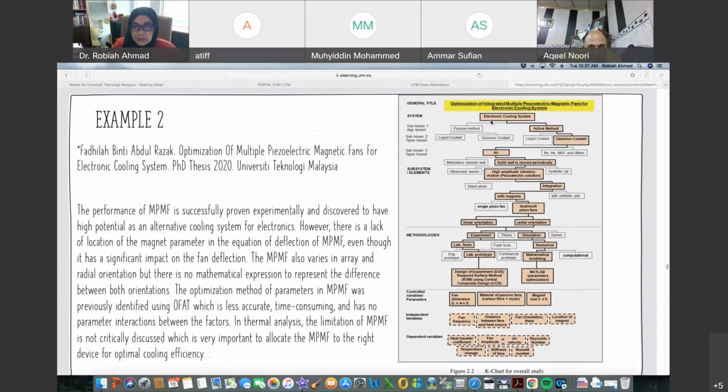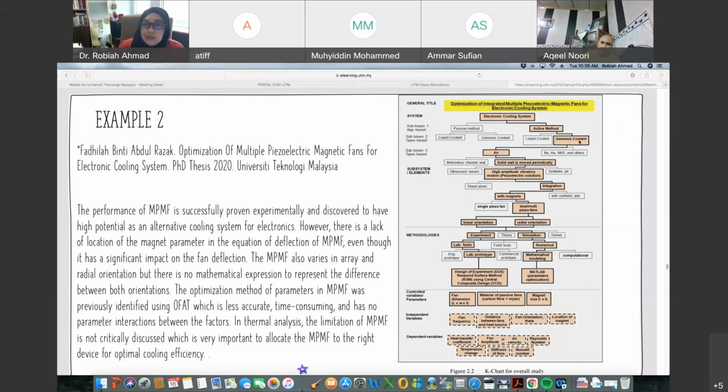When we talk about electronic cooling, we have passive method and active method. She concentrates only on active method. In active method, either you use liquid coolant or gaseous coolant, and she is not interested in liquid. Another student of mine is comparing different liquid coolants; that is another research.